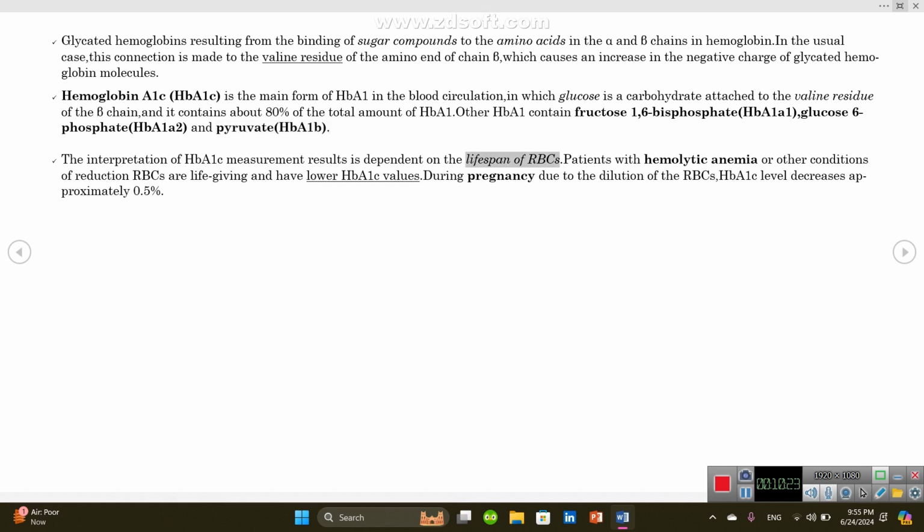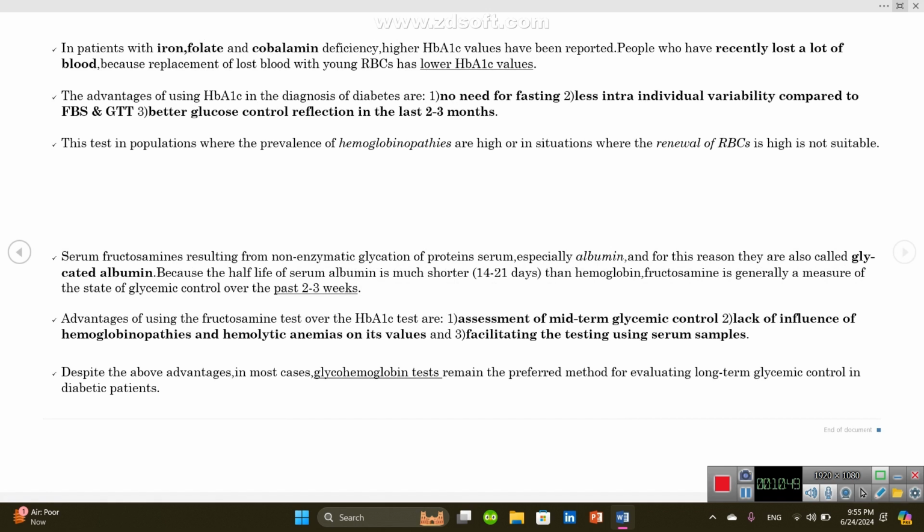Patients with hemolytic anemia, or other conditions of reduced RBC lifespan, have lower HbA1c values. During pregnancy, due to the dilution of the RBCs, HbA1c level decreases approximately 0.5%. Okay, so next slide.